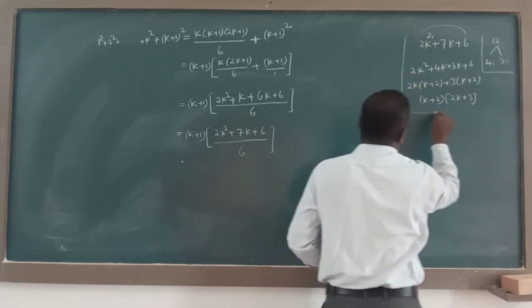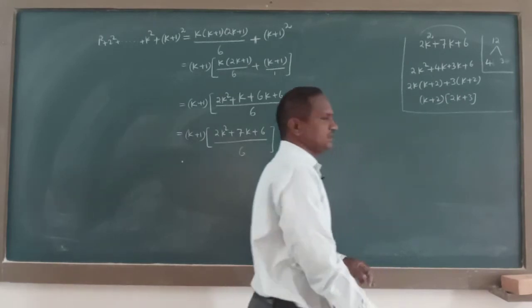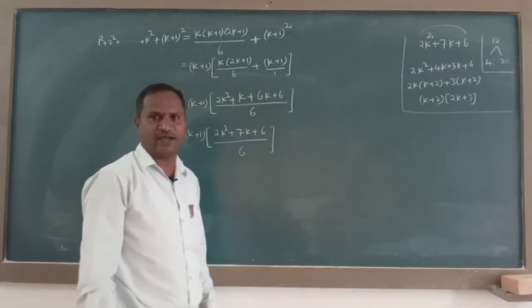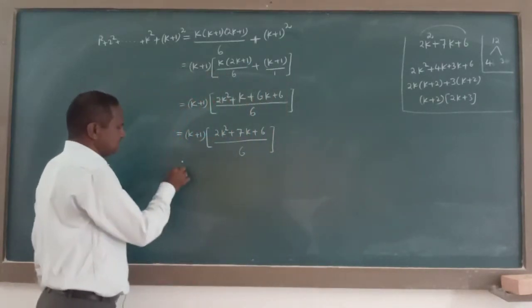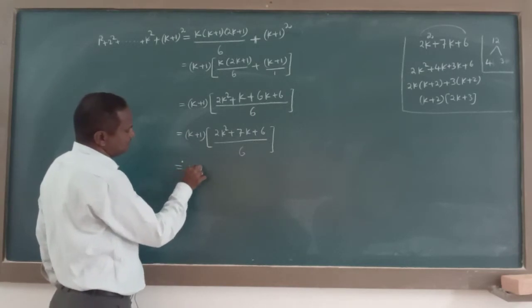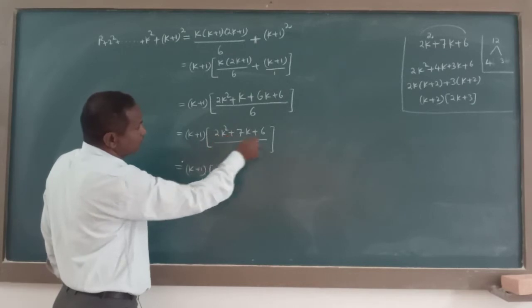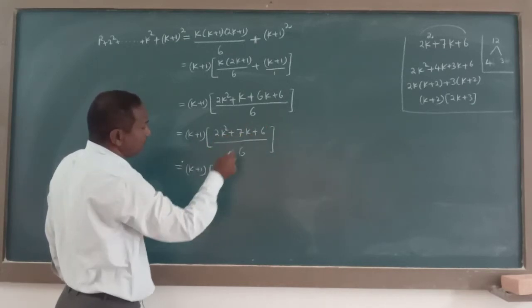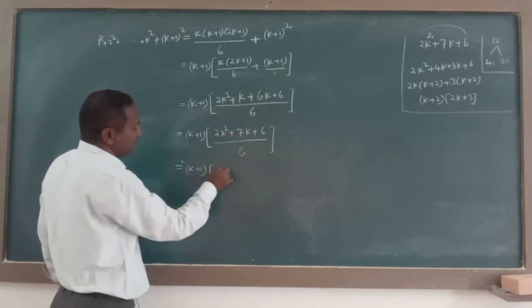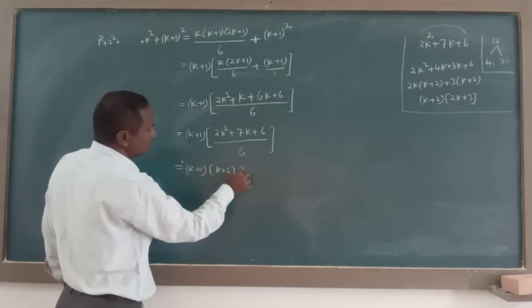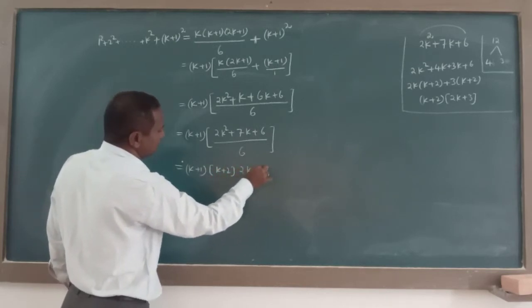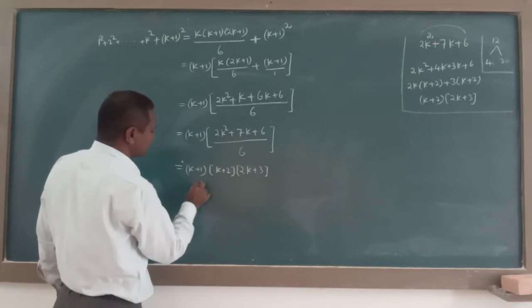Like that we converted this quadratic expression into the product of factors. That is k plus 1 into, instead of the numerator part we write the product of factors, that is k plus 2 into 2k plus 3, whole divided by 6.